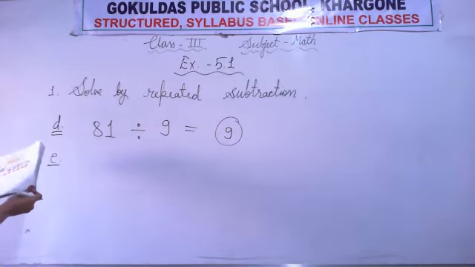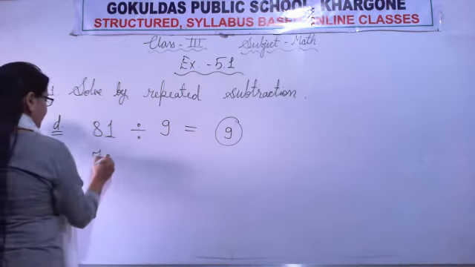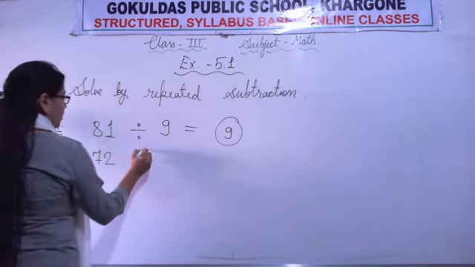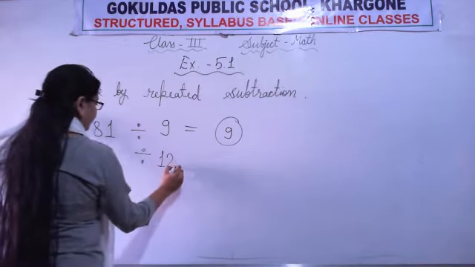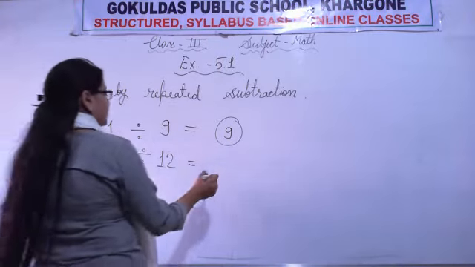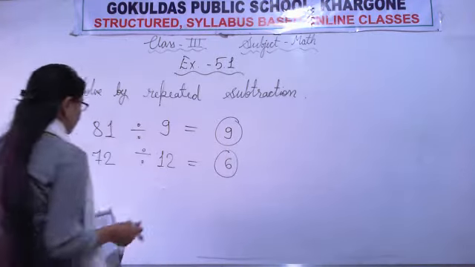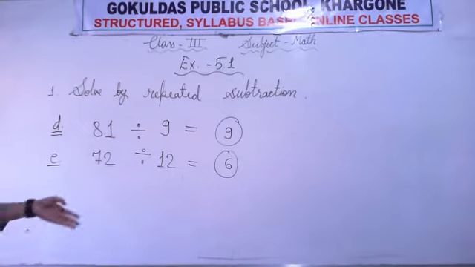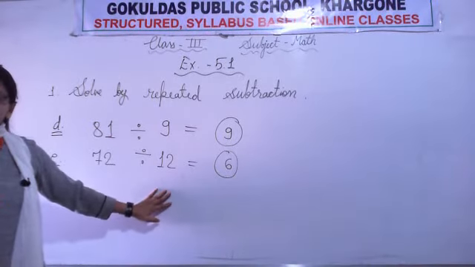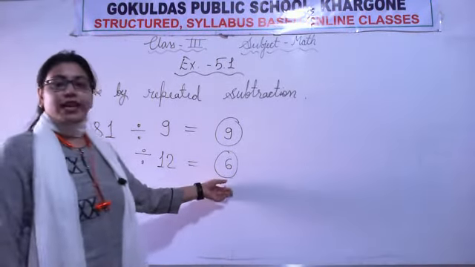The question E is 72 divided by 12. The answer will be 6. So 72 divided by 12 is 6. Solve this also and check whether your answer is 6 or not.